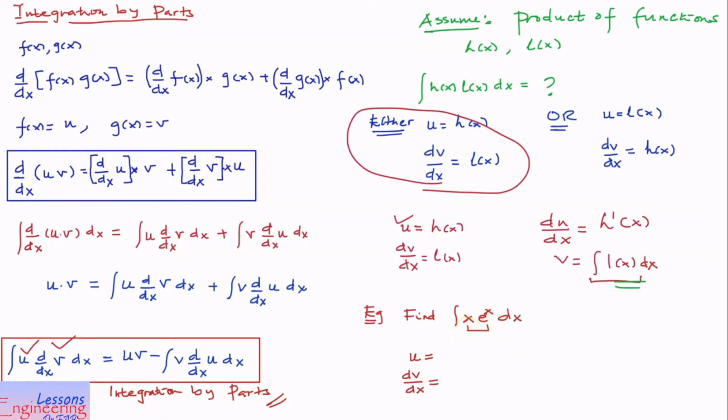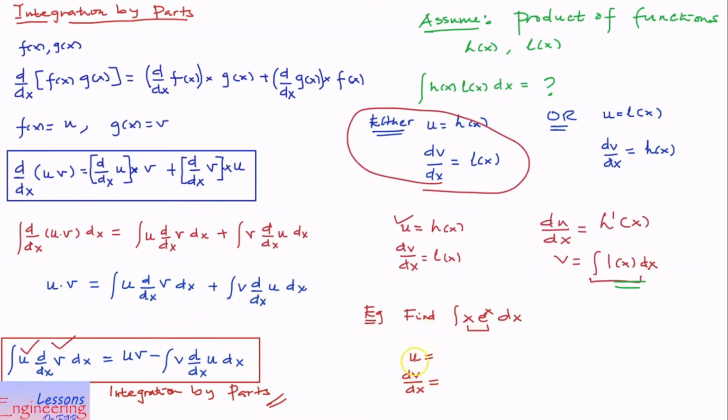The choice of that assumption relies on whether, in the case of u, you can easily find du by dx, and in the case of dv by dx, it should be easy to find what v is. So what do I mean?